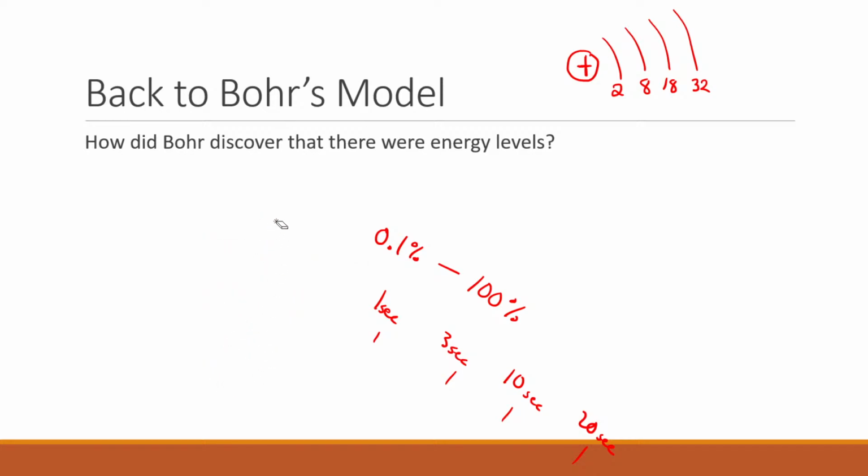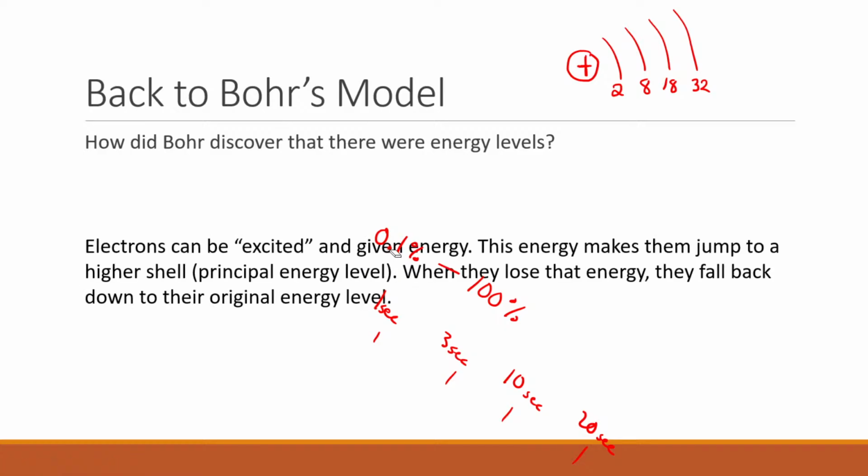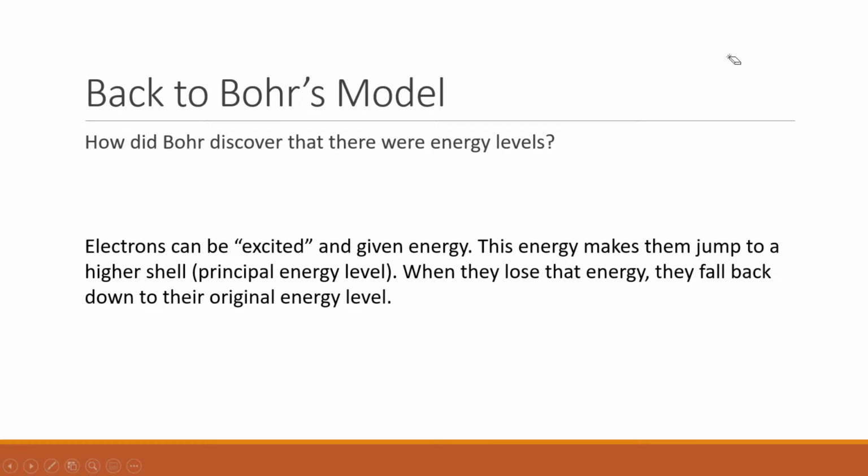And so, he also came up with the idea of exciting an atom. Right? He discovered the excited state and the ground state of an atom. Right? Electrons can be excited and given energy, right?